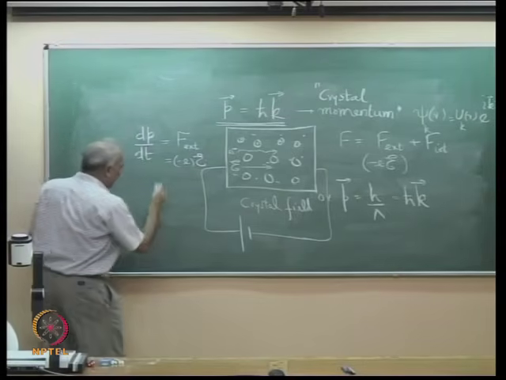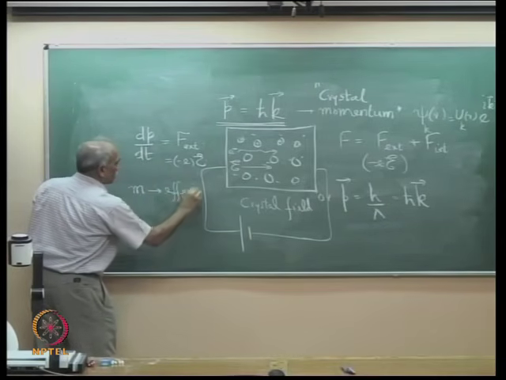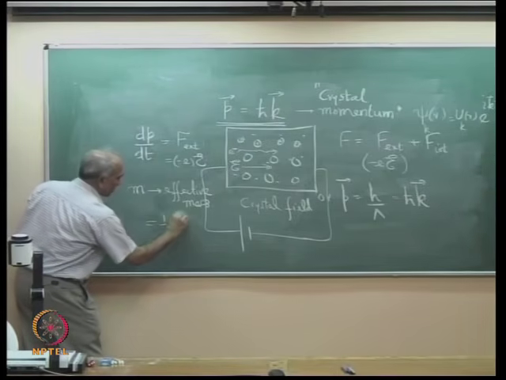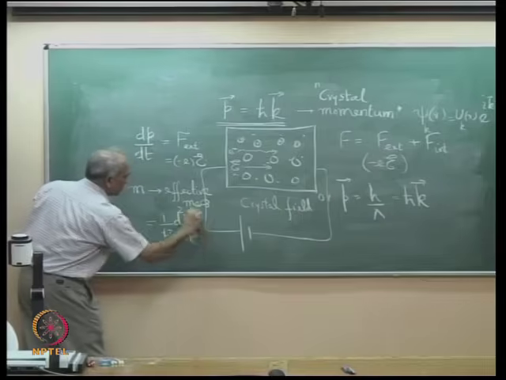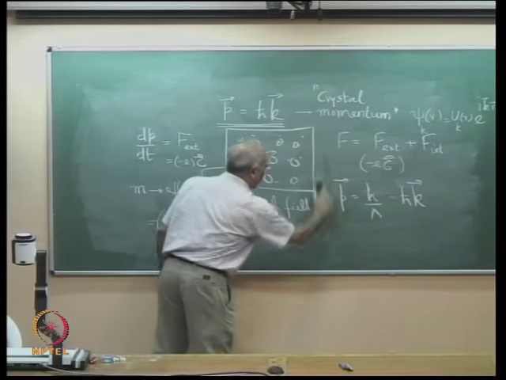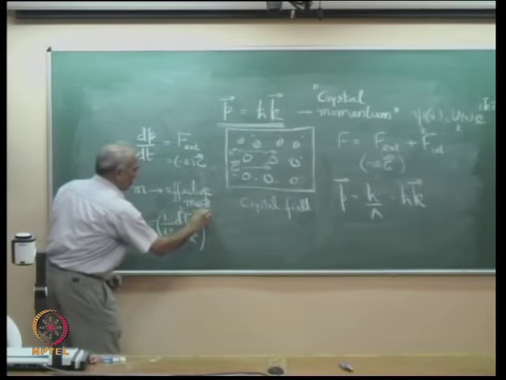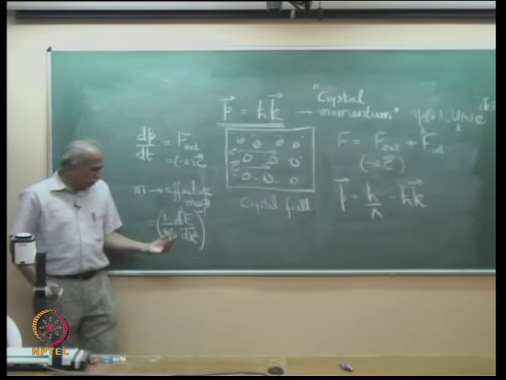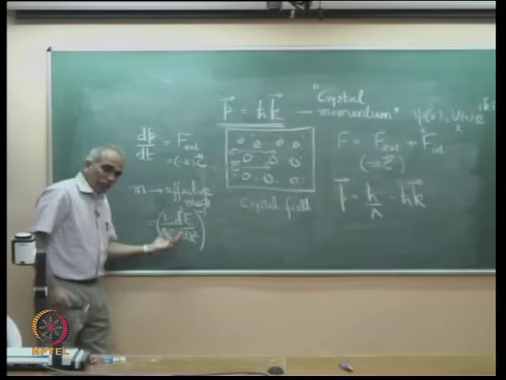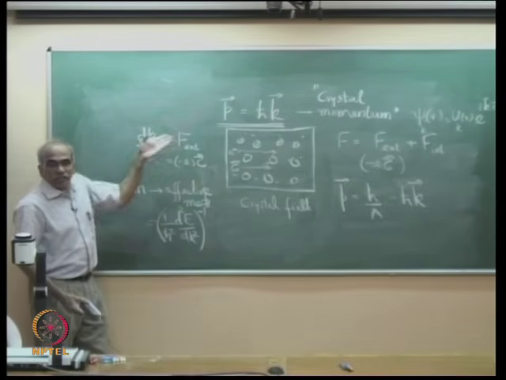And it moves with a mass equal to the effective mass of the electron, which is defined by 1 over h cross square d square E by dk square, to the power minus 1.